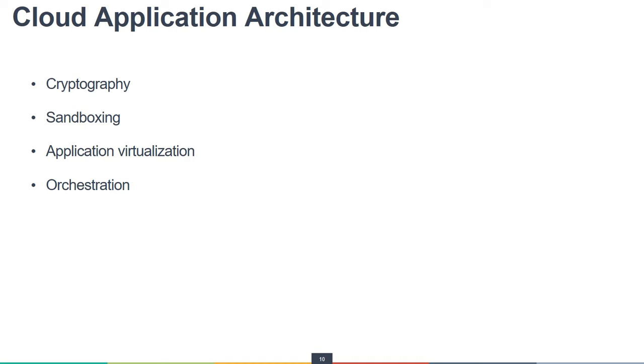In the cloud application architecture, we have cryptography, which is an important aspect for data in the cloud, because encryption is the central component of every cloud security strategy. It plays a huge role in securing data at rest and data in transit.